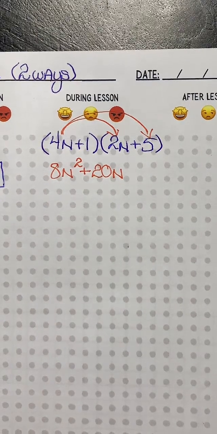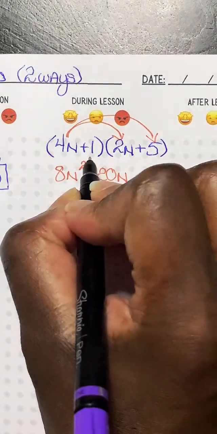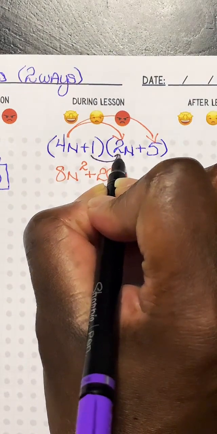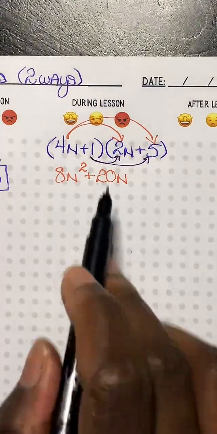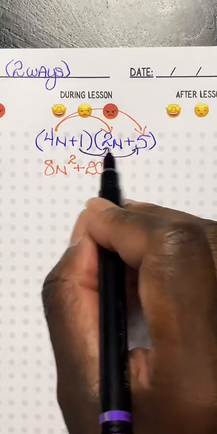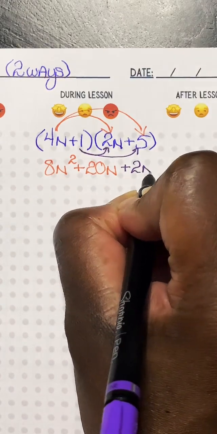Now we're going to do the same thing with the 1. This time we distribute the 1 to everything in that second parenthesis. So 1 times 2n gives me a positive 2n.